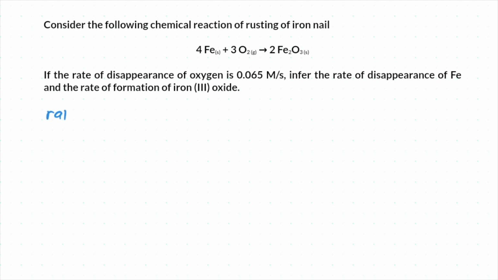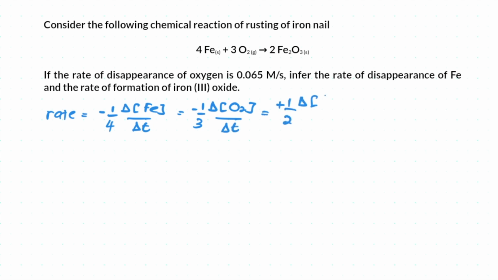So rate is equivalent to -1/4 delta concentration of ferrum over delta t, is equivalent to -1/3 delta concentration of oxygen over delta t, equivalent to +1/2 delta concentration of Fe2O3 over delta t.